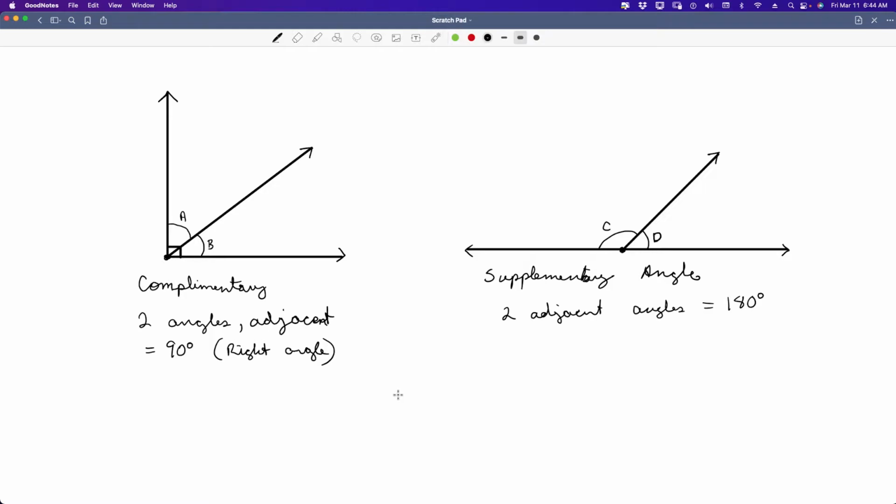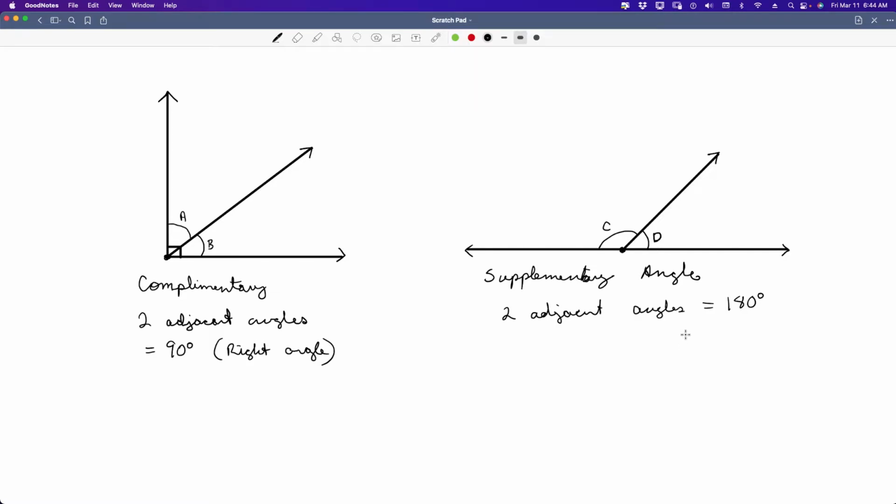All right. Let me rewrite this over here. I think it would be better if I wrote it as two adjacent angles. So two adjacent angles that equal 90 degrees, and this one is two adjacent angles that equal 180 degrees.